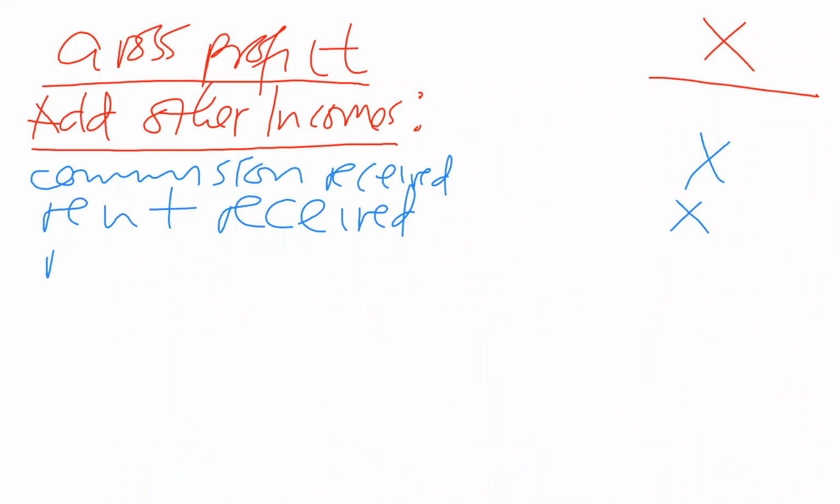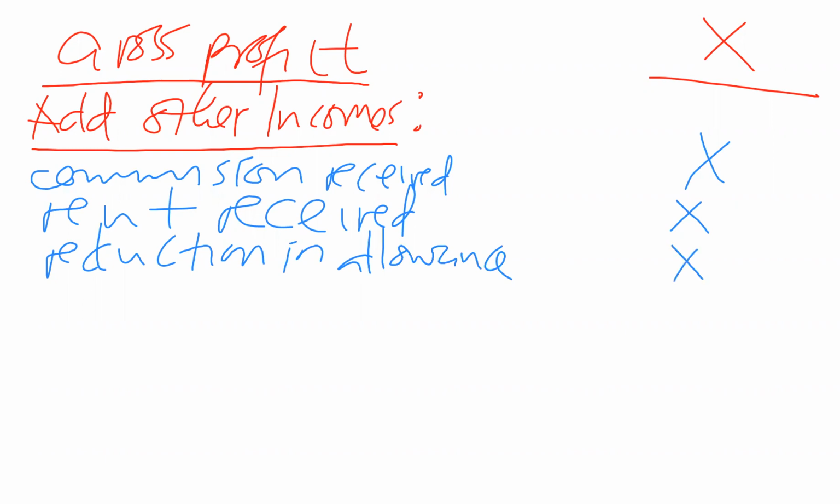Then the reduction in allowance for receivables is an income to you. Now, what does the reduction in allowance for receivables mean? It has another name.